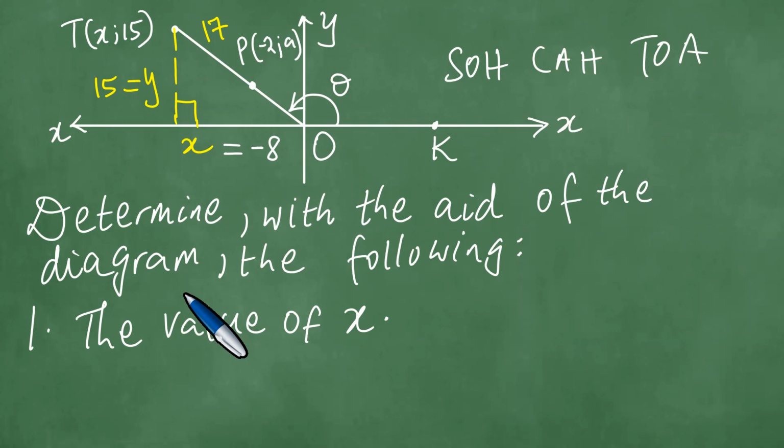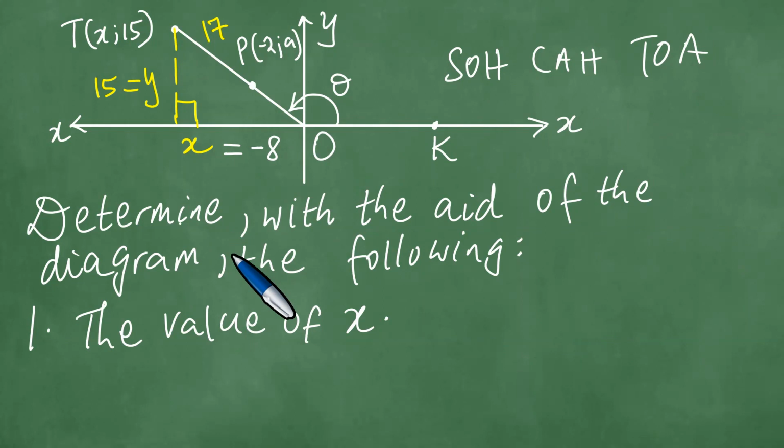It is adjacent over hypotenuse. What is the adjacent side? The adjacent side is the one closest to the angle. So it's going to be -8.